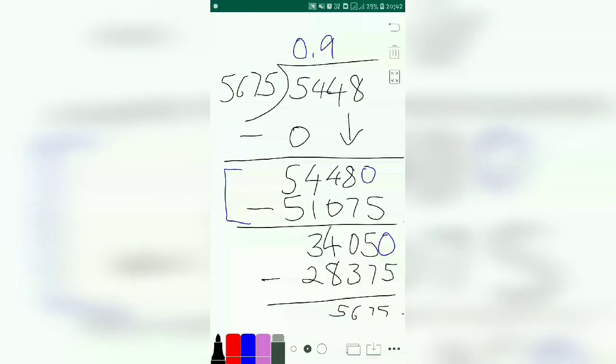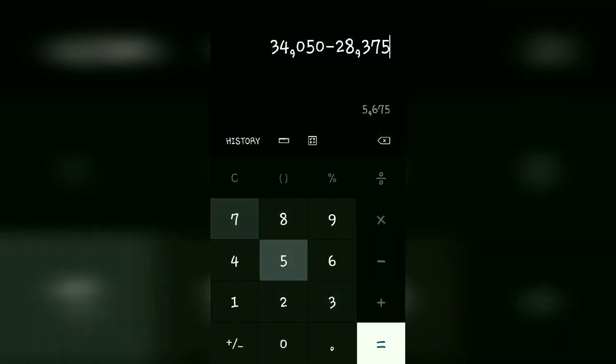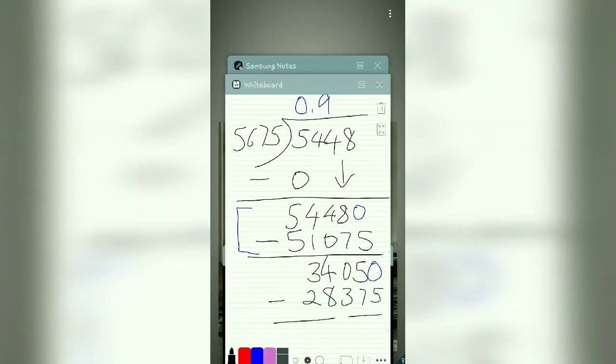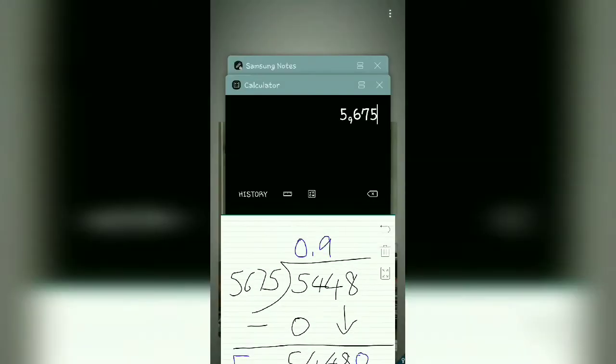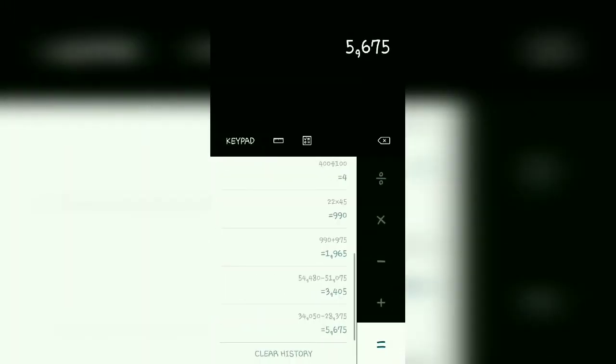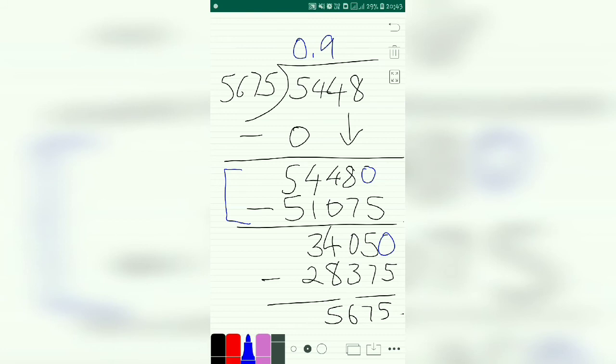So we can solve this question with 28375. 5675. This is the number we get now. So we solved it by using a 5.